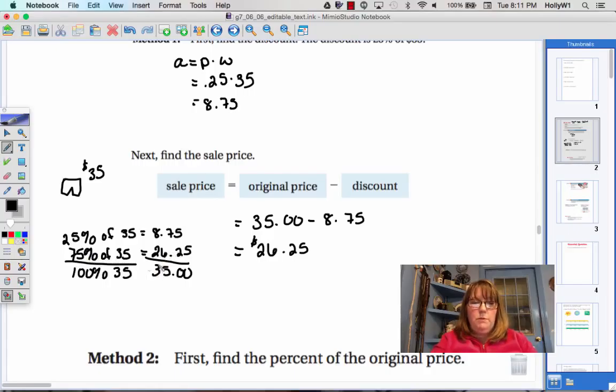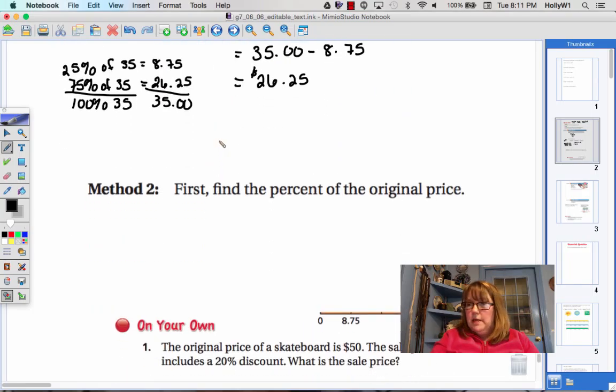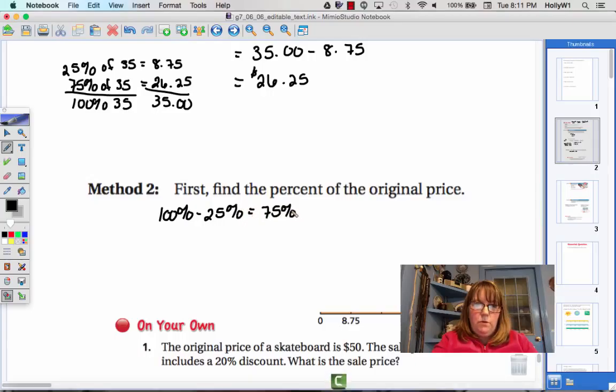Or we can just multiply 35 by 0.75 and get the actual price that we're going to pay. So let's see how that would work. In method 2, you would take 100% and subtract the discounted percent, which would leave you with 75%, the percent of the original price that you're going to pay.